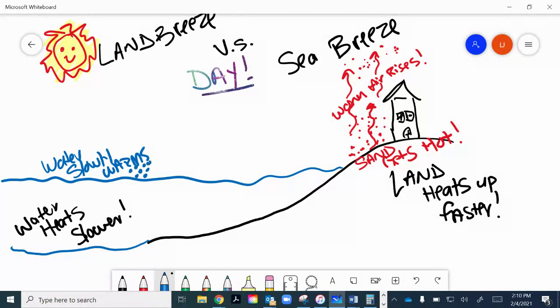It's going to be packed together tighter like this, more dense. And you can see that all my air particles are closer together than they were on land. And so during the daytime, we have more dense air and we have less dense air.